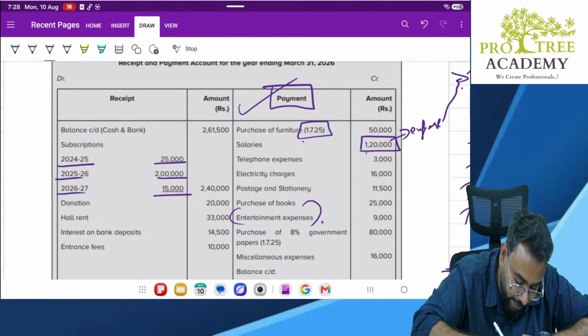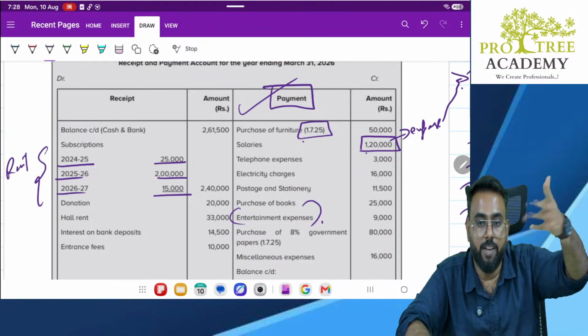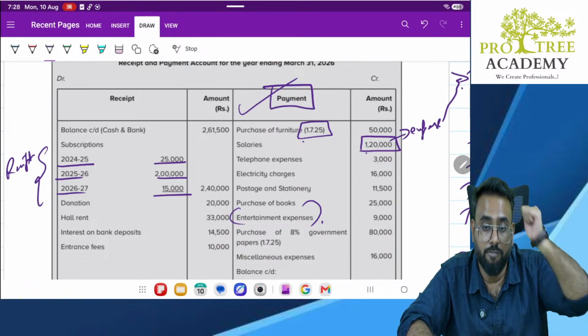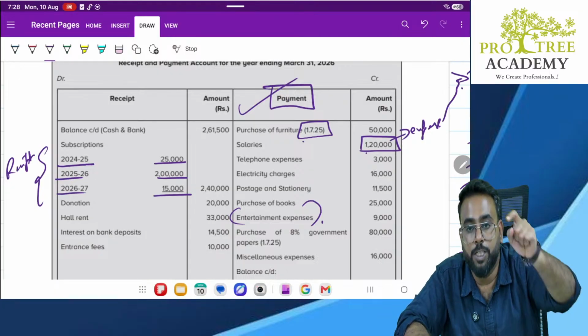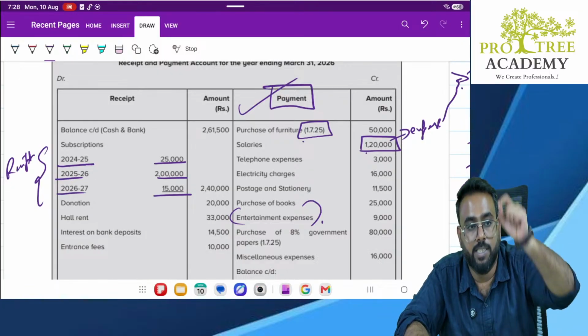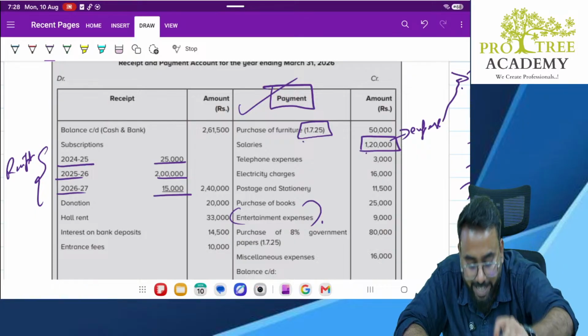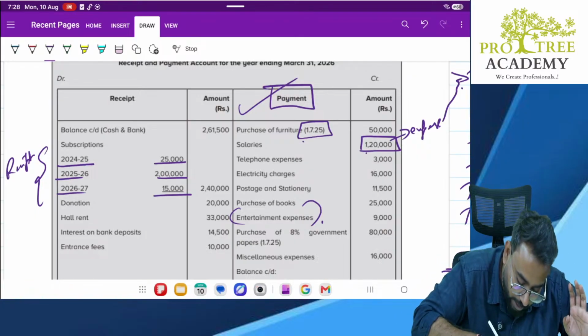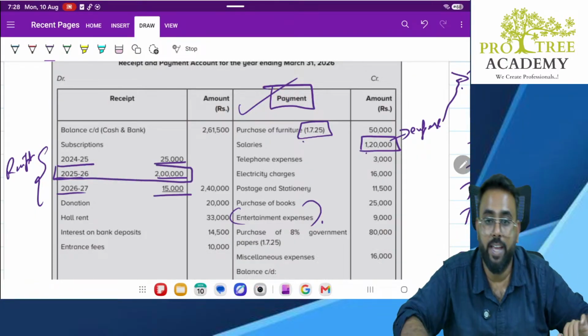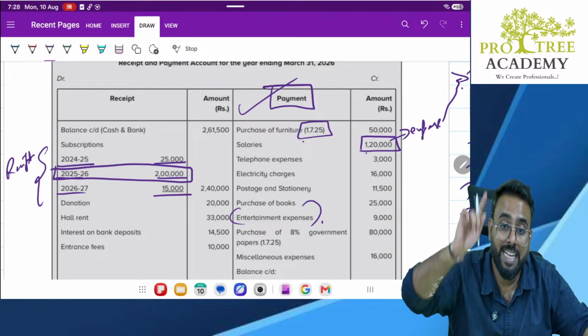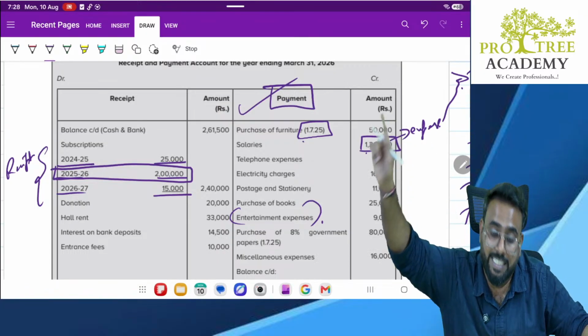See, this is the receipt. Not whatever is received is my income. Correct or no? Which is income? The receipts which belong to the current year. That means the subscription which belongs to the current year is my income. So which belongs to the current year? This one. Why? We are doing the income and expenditure for 31st March 2026.